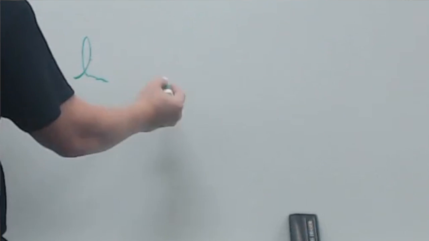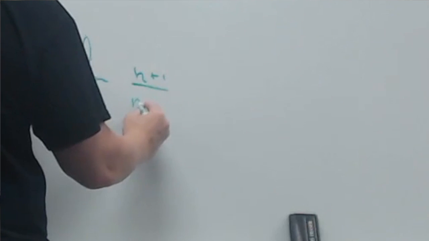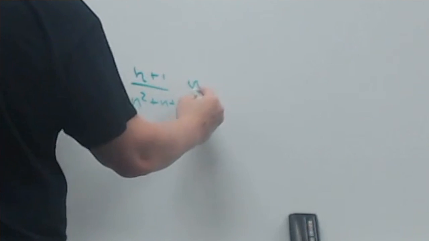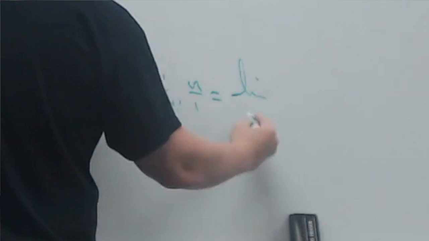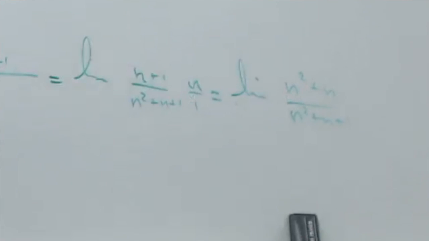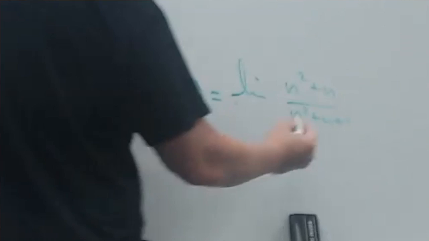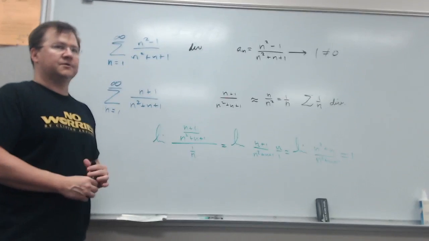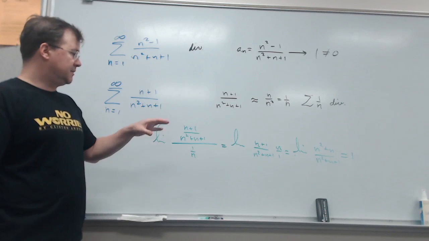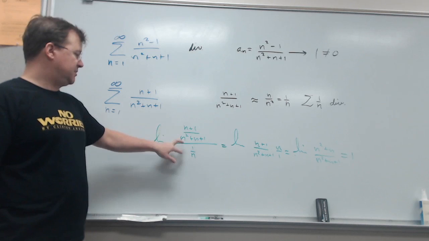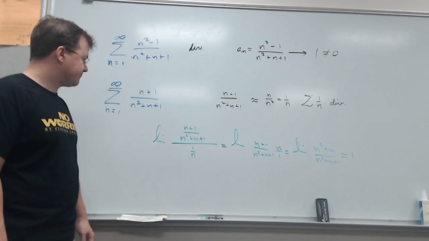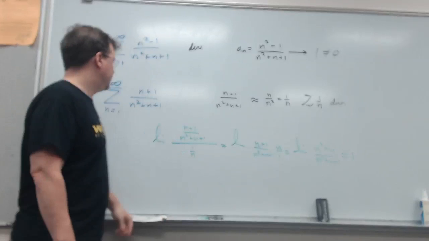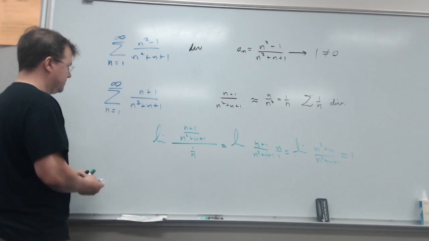And this limit is the same thing times n over 1, also known as n squared plus n over n squared plus n plus 1. And that goes to 1. And when the limit is finite, basically anything other than 0 or infinity, that means the behavior of this function can be identical to the behavior of that one. So, because this diverges, this diverges.